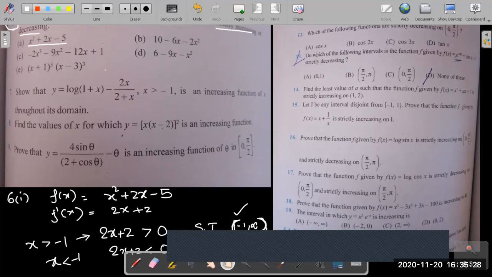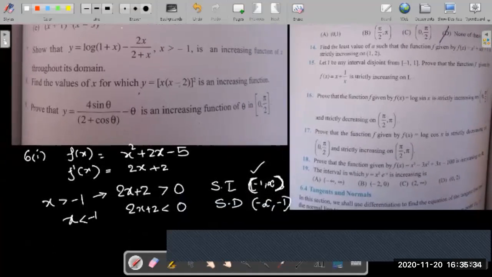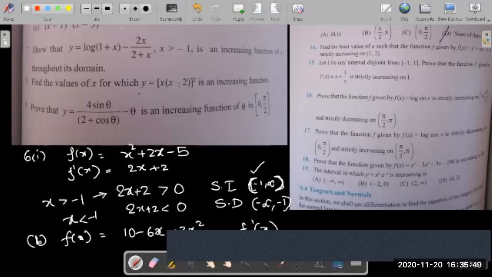B is 10 minus 6x minus 2x squared. So when we do f dash x, we will get 0 minus 6 minus 4x.